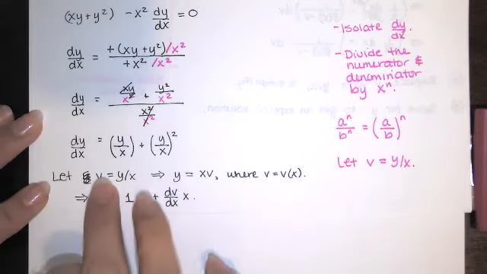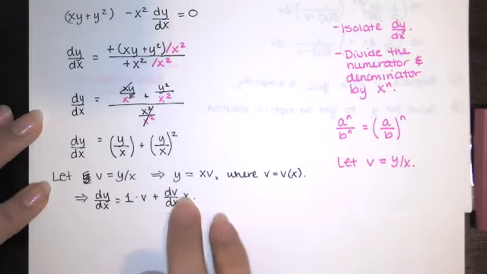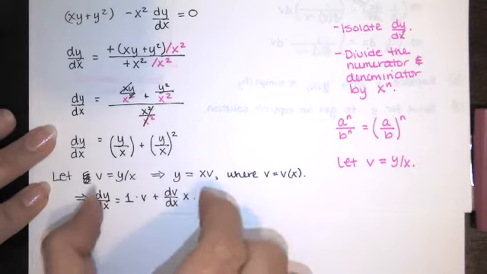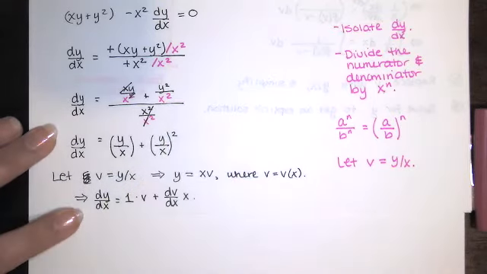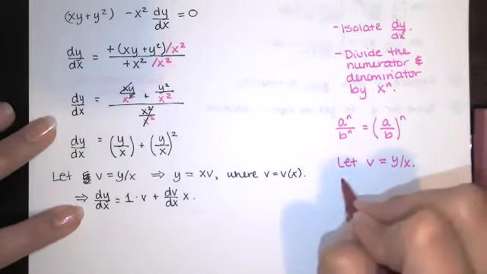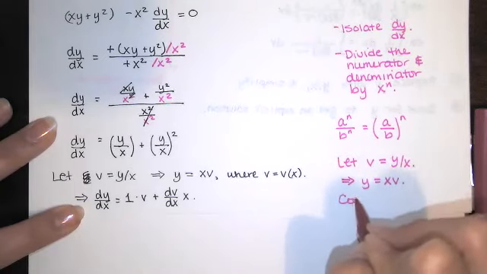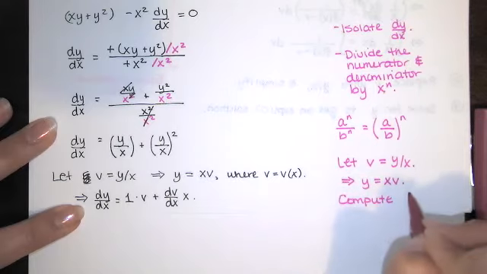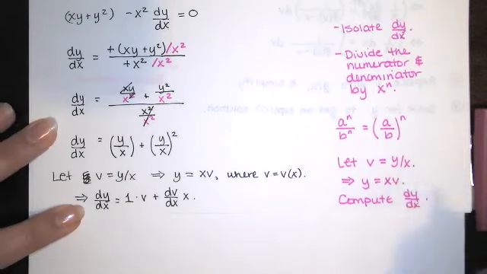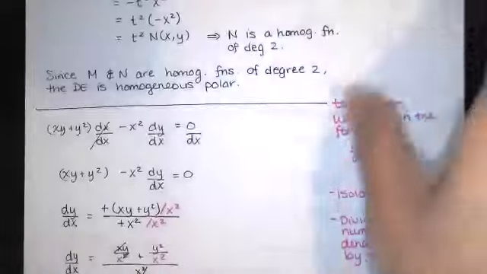So you know if v is this, then y is this, and that's your derivative. And then you're going to take all of these pieces and substitute in up here. Okay, and we keep going.